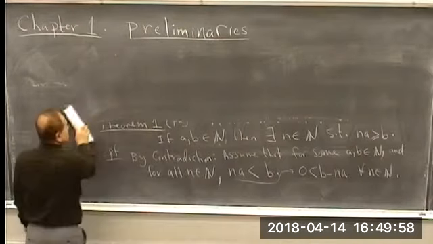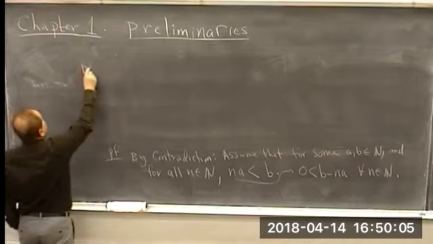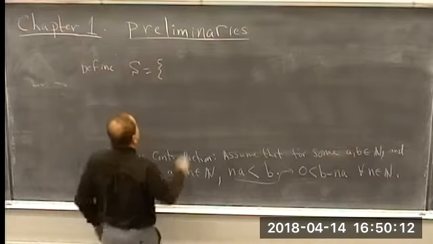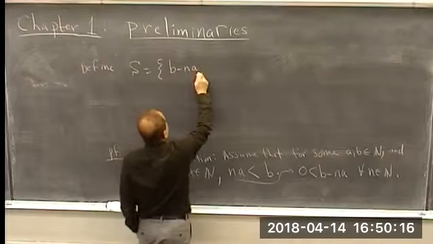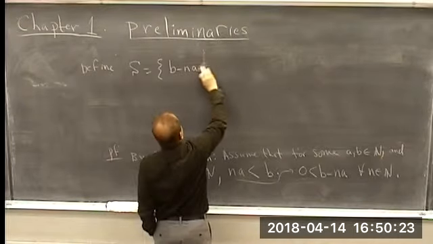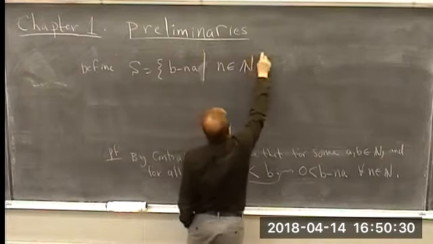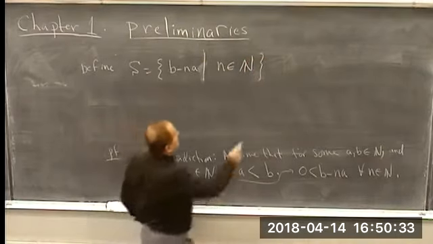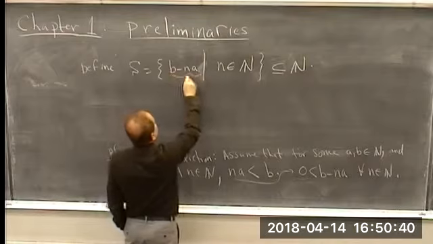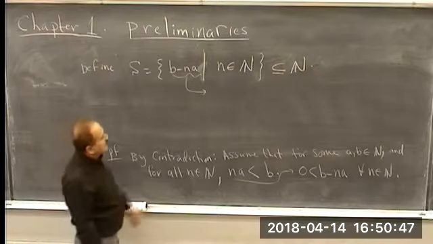So we're going to define S to be the numbers of the form B minus nA, such that n is in N. Definitely this is a subset of natural numbers, provided that this one is bigger than or equal to 0.